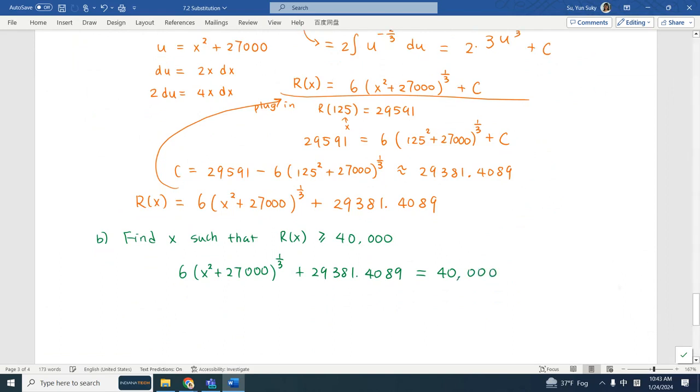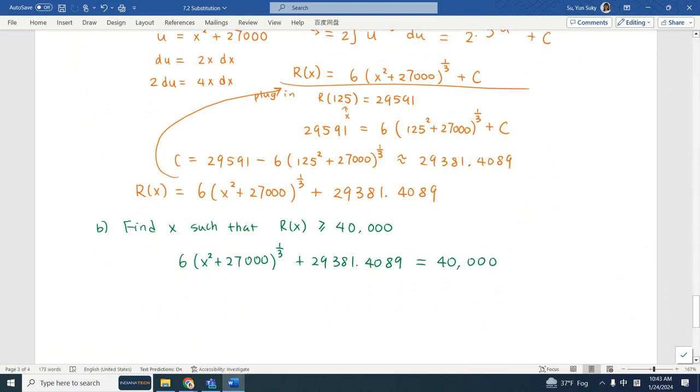Okay, what do we do next? Let's solve this. We want to find the x. How do we solve for x? Isolate this term, right? So move this number to the other side.